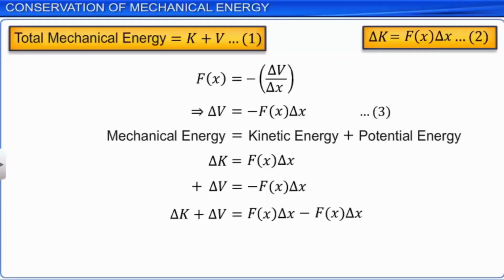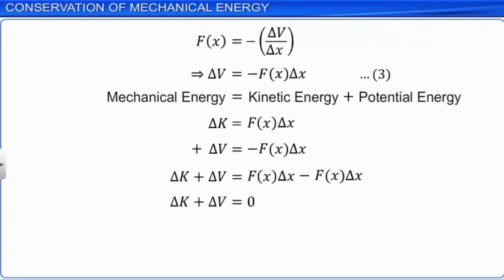Thus, delta K plus delta V is equal to 0. In other words, we can say that delta of K plus V is equal to 0. Let this be equation 4.